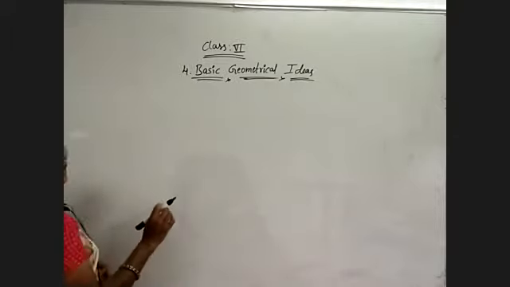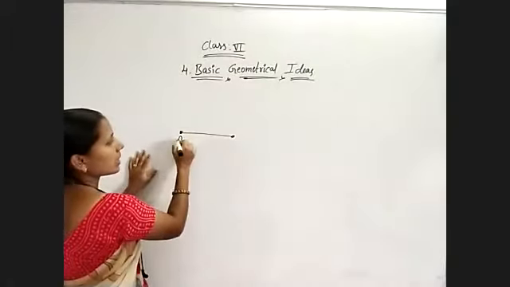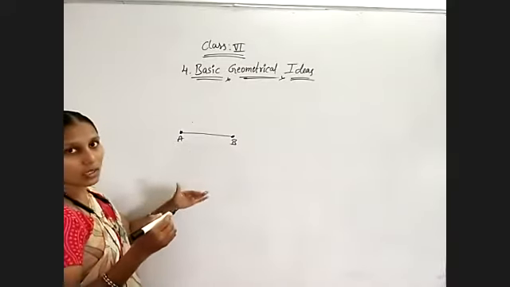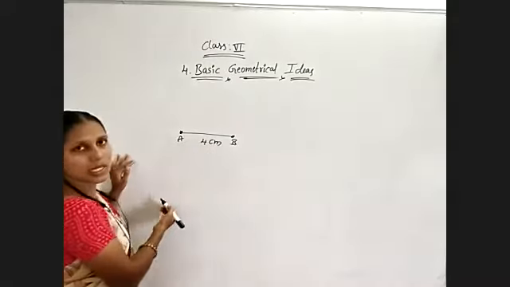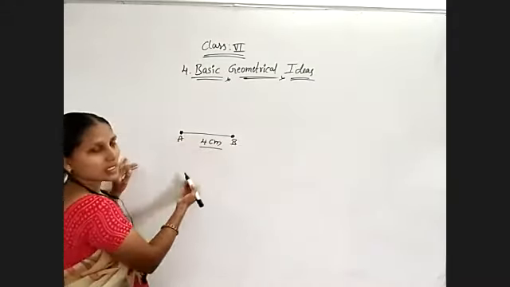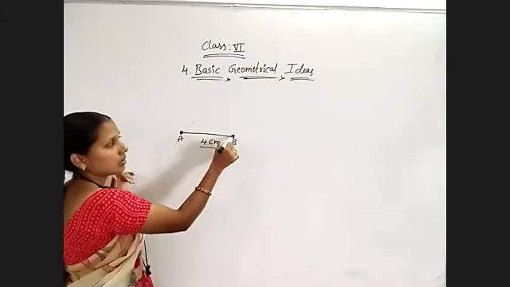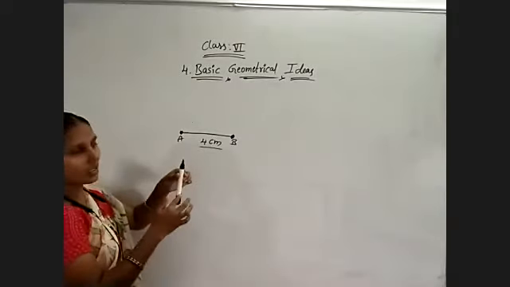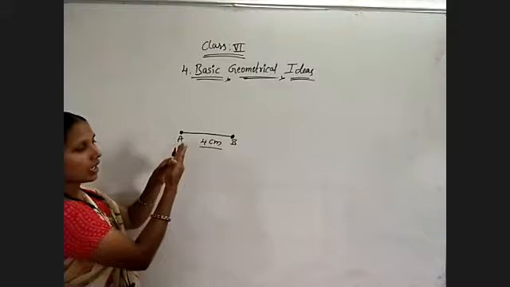Till now we know just how to represent a line segment, how to find it. Suppose they give AB is equal to 4 centimeters. That means the distance from A to B is 4 centimeters. Suppose this is the length of your pen, and you want to find the length of this marker. Keep your scale and find out the length of the edge like this.